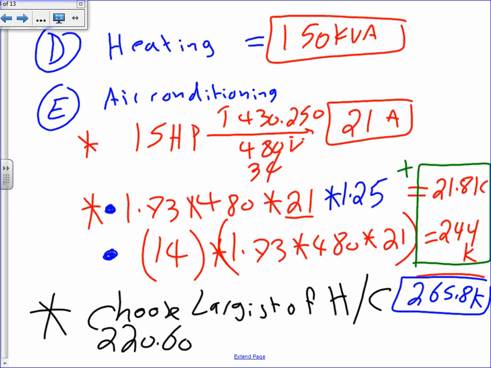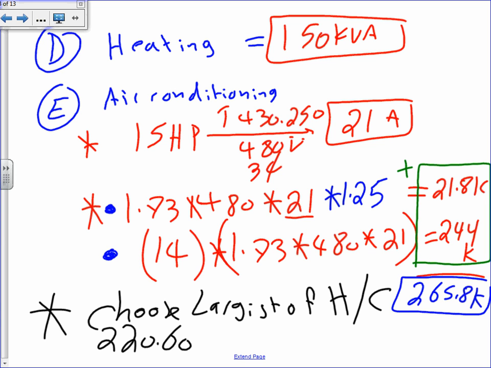It's 220.60 somewhere: when you choose the largest of the heat and the cool, heating and air conditioning, not optional, fixed electric, non-coincident load. Let me check. Okay, 220.60, yep, I'm right. So what's the largest?